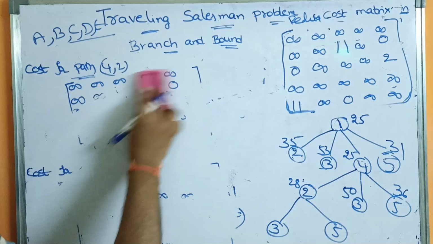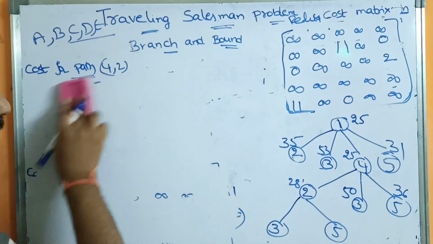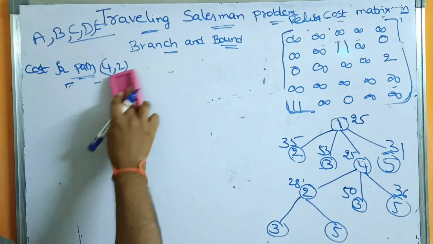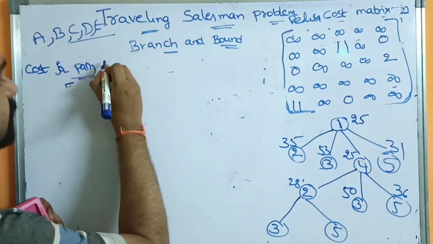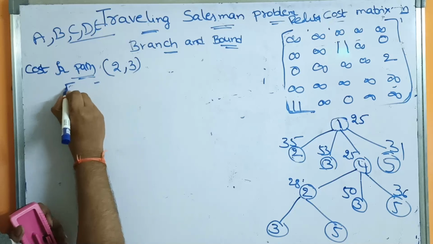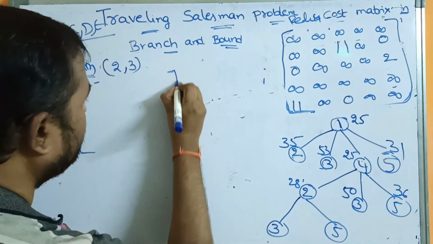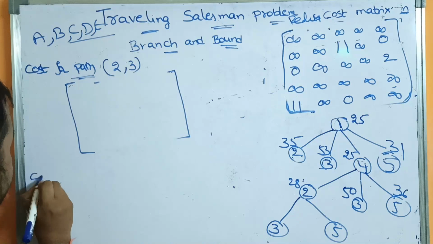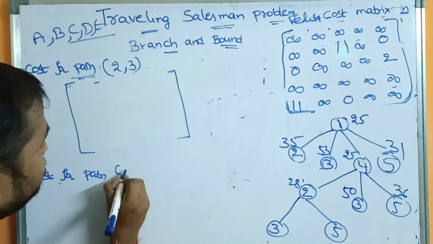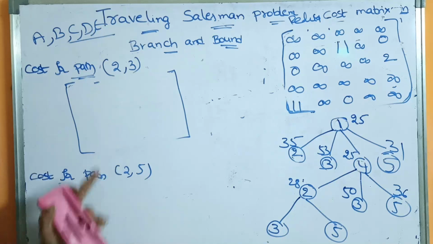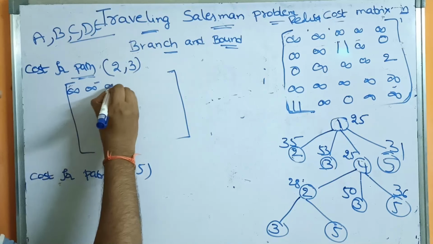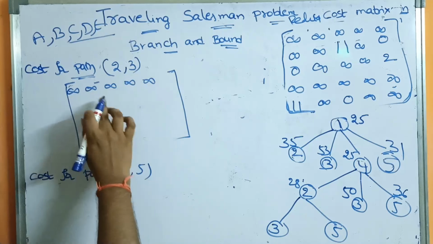So we have to determine the cost for the path 2 comma 3 as well as 2 comma 5. So first, the cost for the path 2 comma 3. Here the first row, all are infinities only.